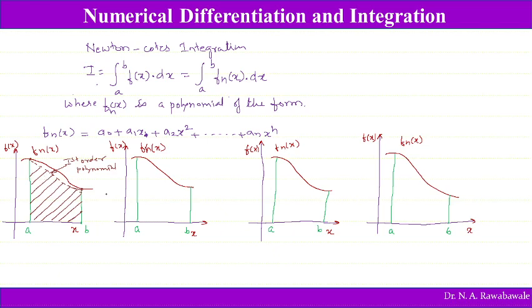Now in the second case, what we do, instead of assuming a straight line we assume a parabola here, and we are interested to find out the area below this curve polynomial f of x, the red line, but instead of that we approximate this polynomial as a parabola and we find out the area below this parabola.